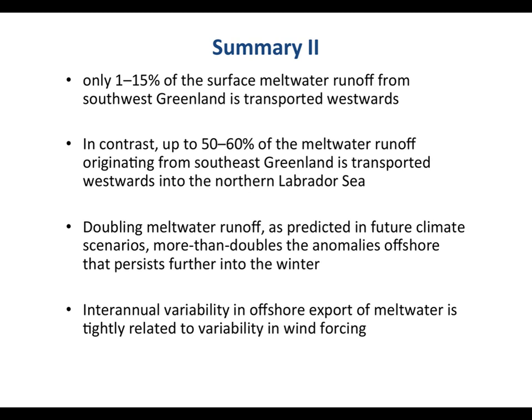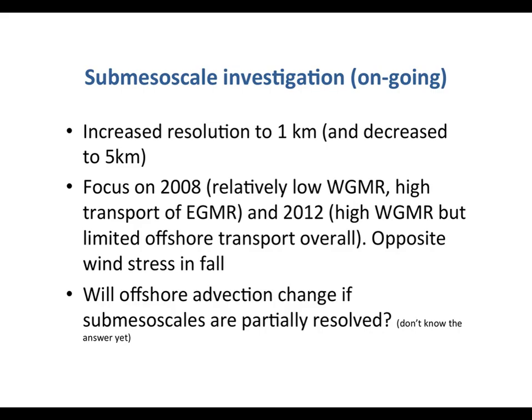And just to quickly conclude, what we are now doing is also looking at the impact of those freshwater anomalies on the representation of the sub-mesoscale circulation. And to do that, we are considering even higher horizontal resolution. We are down to 1 kilometer, and we are focusing on 2008 and 2012.